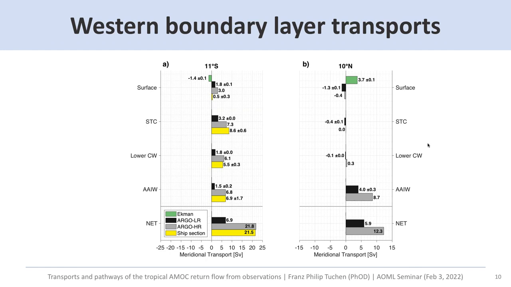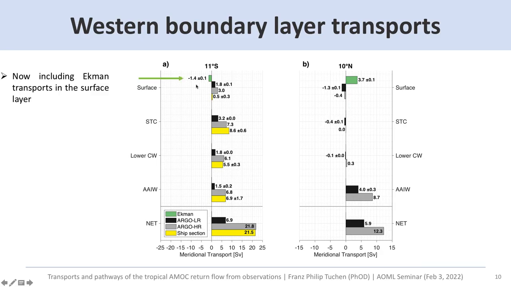Okay, and then putting real numbers on these layers, real transport numbers. So we just integrated the transports shown in these different water mass layers, which are shown in these bars here. Again, for the ship section, low resolution products in black, and the high resolution product in gray.